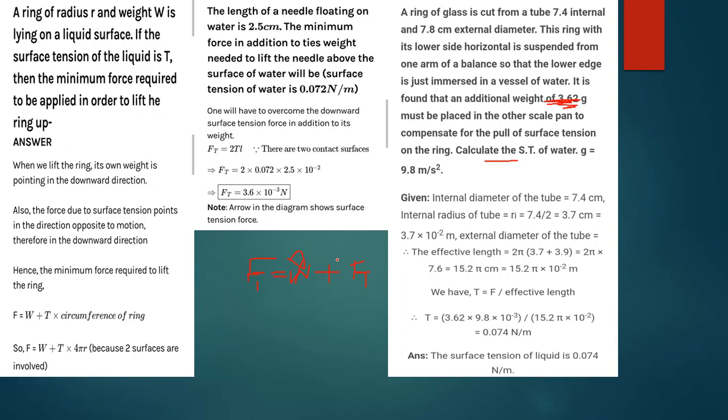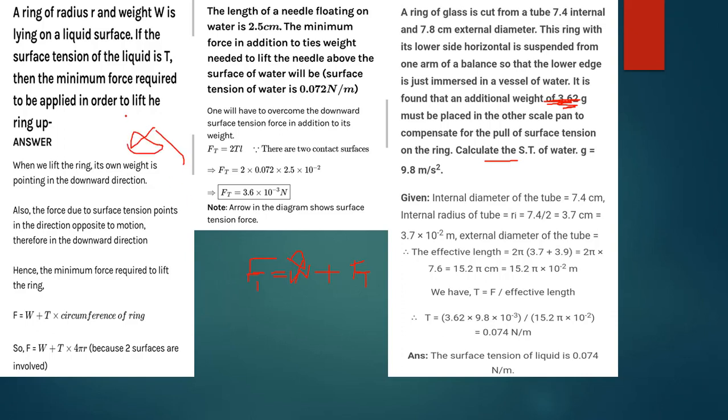In fact, surface tension works best for those materials ambazo zina very small masses. So most of the times, mara nyingi kwenye maswali mengi usipopewa weight ya body, you can just neglect it, okay. Just ignore it, the effect of the weight of the body itself, unless umepewa.